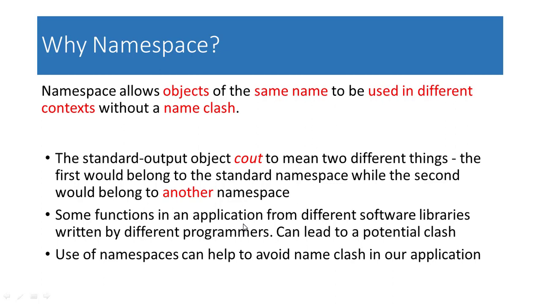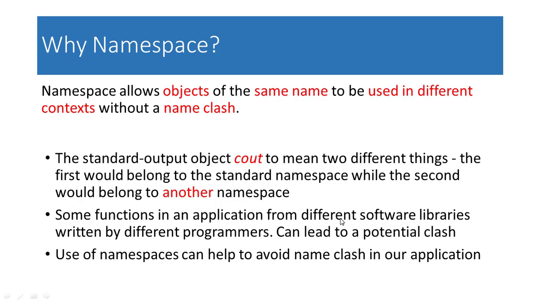Some functions in your application could be from different software libraries, written by different programmers. They may do the same thing or simply different things. This can potentially lead to a clash or a conflict in namespace. Software projects often involve a large amount of code written by different programmers.